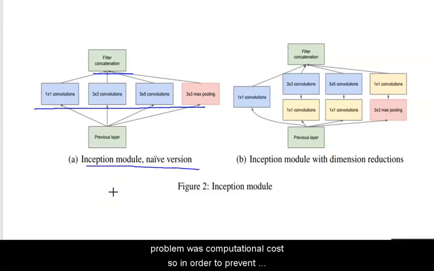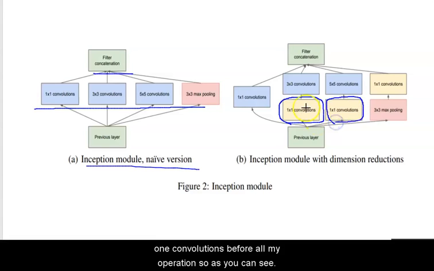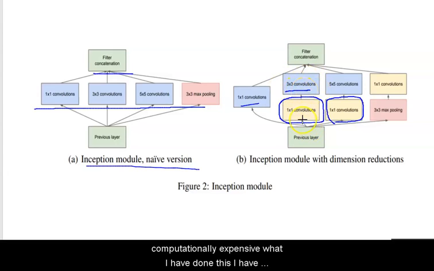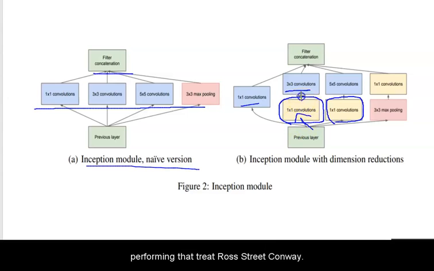In order to prevent that, we have introduced 1 cross 1 convolutions before my operations. As you can see, in this case I'm performing my 1 cross 1 convolution. Here I'm performing my 3 cross 3 convolution. But since these 3 cross 3 convolutions are very computationally expensive, I have performed a 1 cross 1 convolution first before performing the 3 cross 3 convolution.